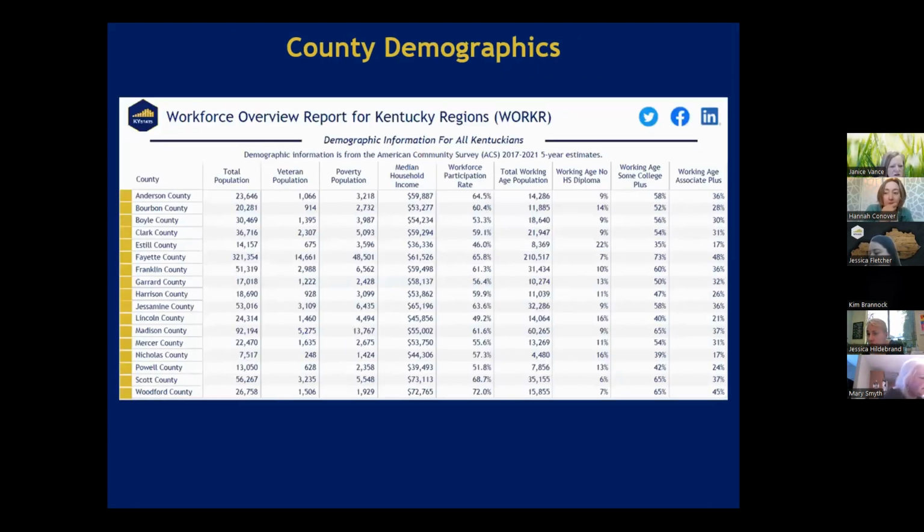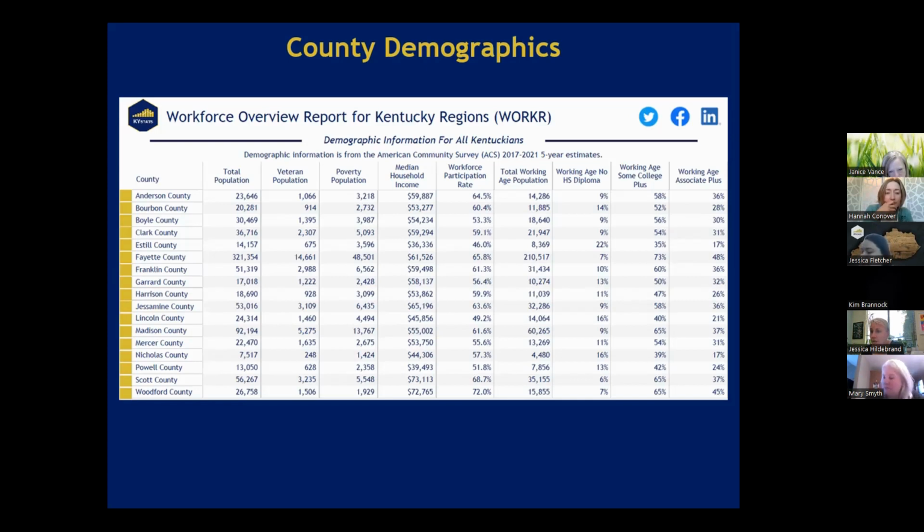This one specifically will show your total population, your veteran population, how many people are below the poverty line, what the median household income is for those counties, what the workforce participation rate is, and some more education metrics like those without high school diplomas or those with associates or more at the post-secondary level.